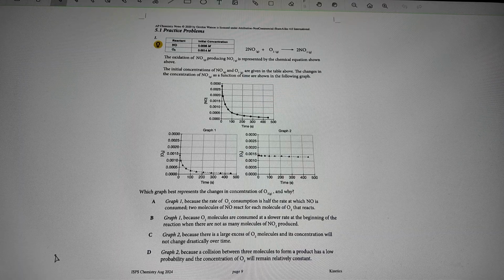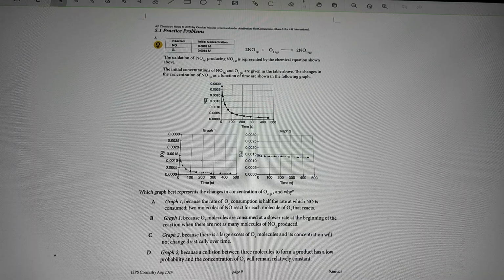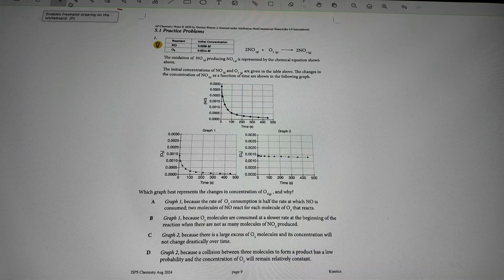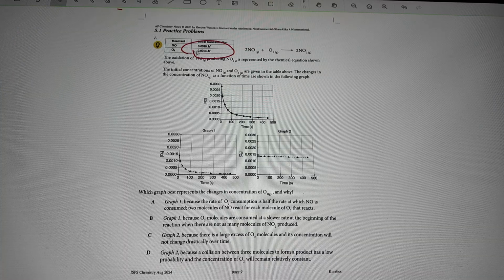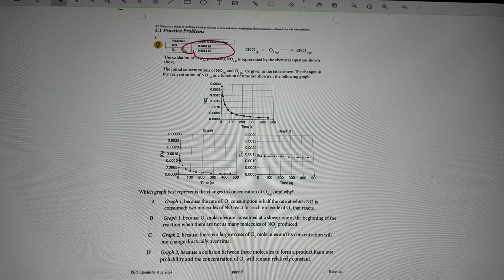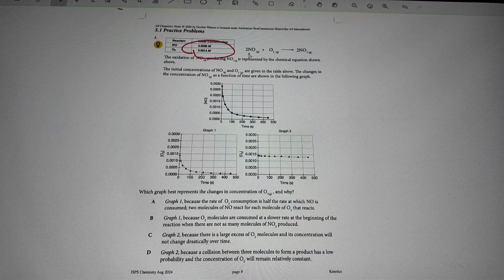I noticed right away here that there is NO2, NO, and there's two of it, and so naturally there's twice as much concentration of NO, right? For every 2 NO, there is 1 O2.